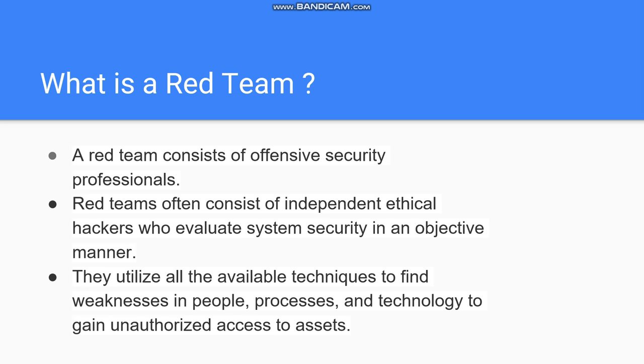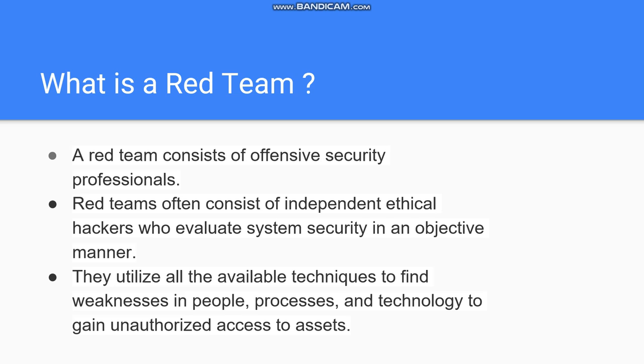So, what is a red team? A red team consists of offensive security professionals. Basically, you can say these are penetration testers, and a red team often consists of independent ethical hackers who evaluate system security in an objective manner. They utilize all the available techniques to find weaknesses in people, processes, and technology to gain unauthorized access to assets.